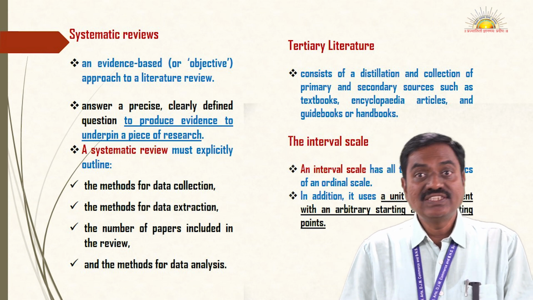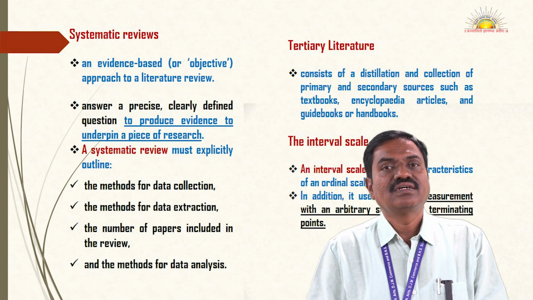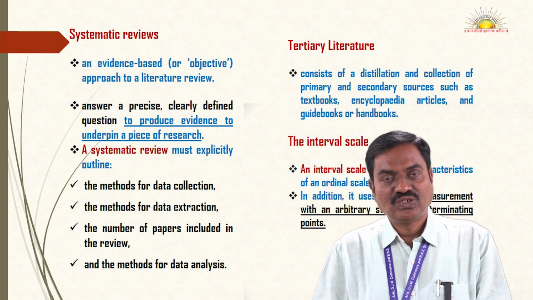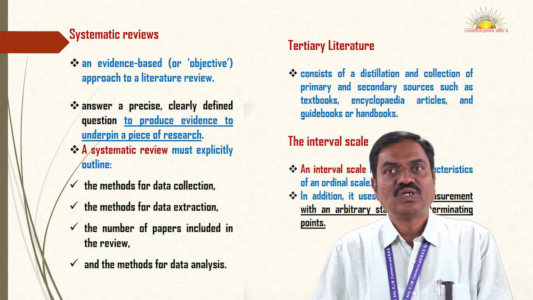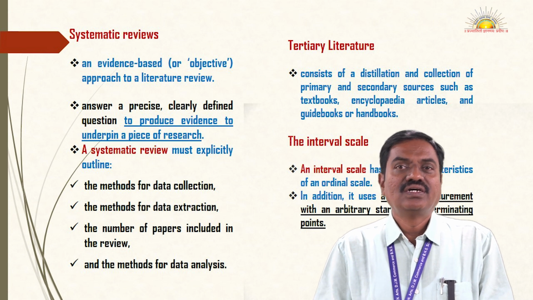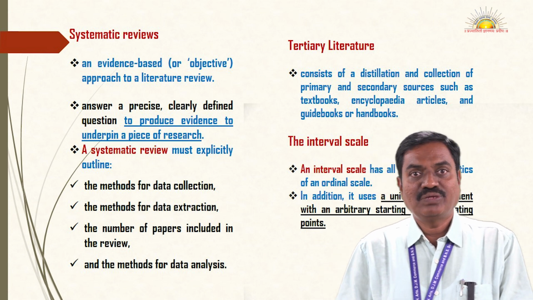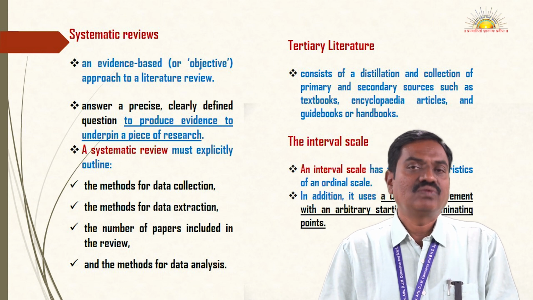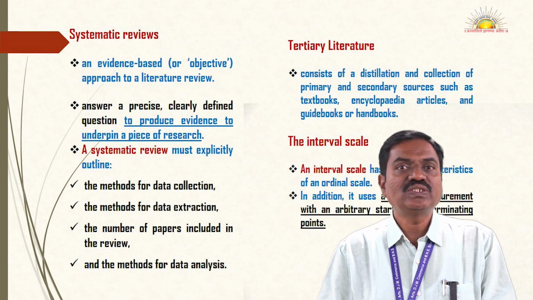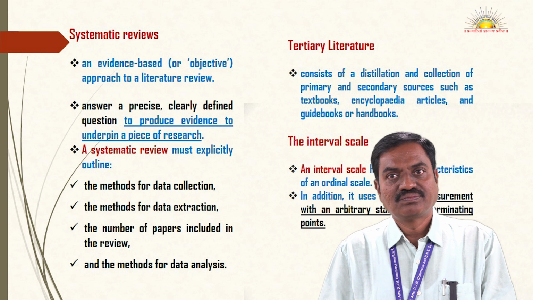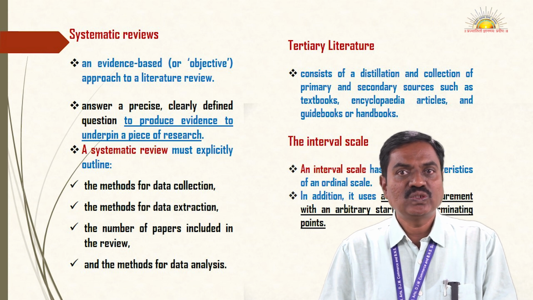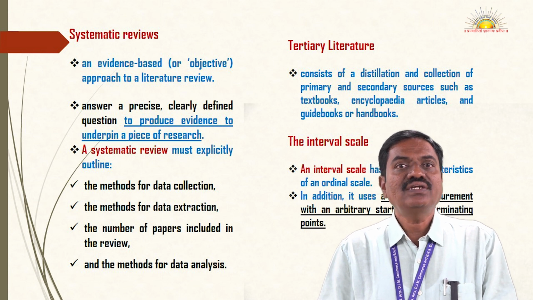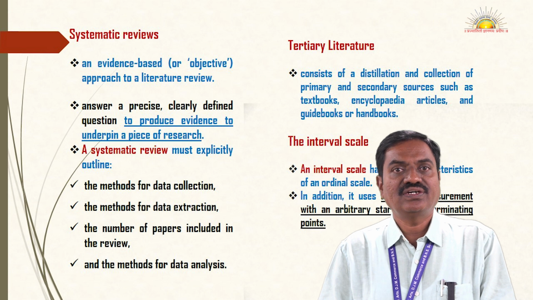Systematic reviews answer a precise, clearly defined question to produce evidence to underpin a piece of research. A systematic review must explicitly outline the methods for data collection, the methods for data extraction, the number of papers included in the review, and the methods for data analysis.